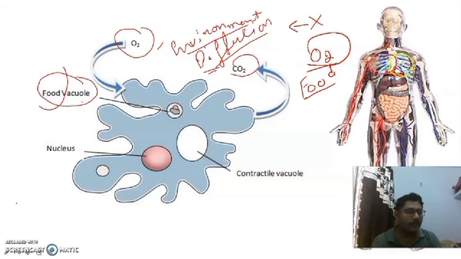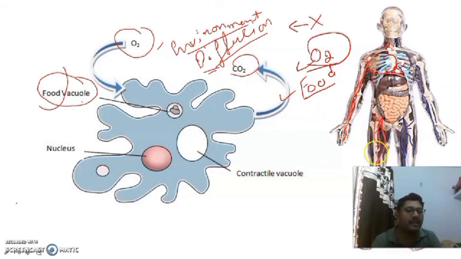But here we have one more question. The intestine gets the food and the lungs get the oxygen, but for maintenance functions every cell in the body needs this oxygen and food. Then how do this oxygen and food reach all the cells present in the body?